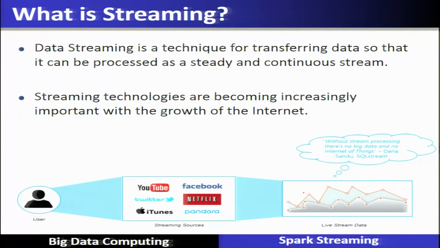Now, let us see what streaming is. Data streaming is a technique for transferring data so that it can be processed as a steady and continuous stream which is incoming to the system.